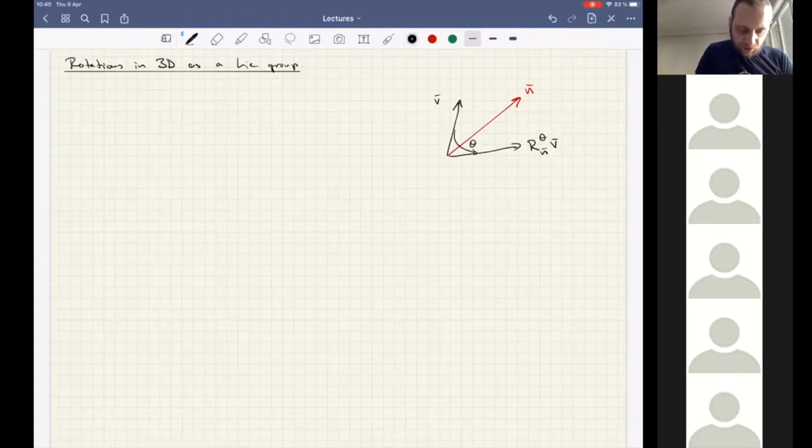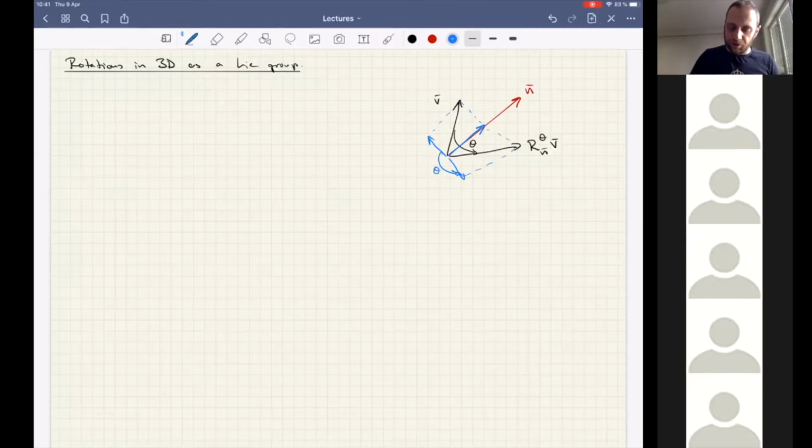What's going to happen when we do a rotation is that we are taking the projection of v onto this unit vector, and the rotation is going to preserve that, whereas the component that is orthogonal to n is going to rotate by some angle theta.